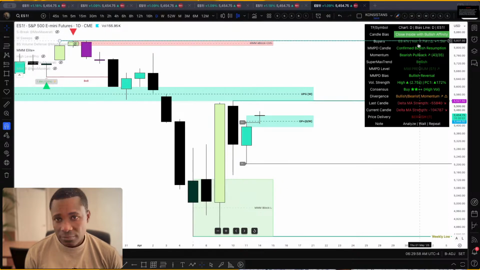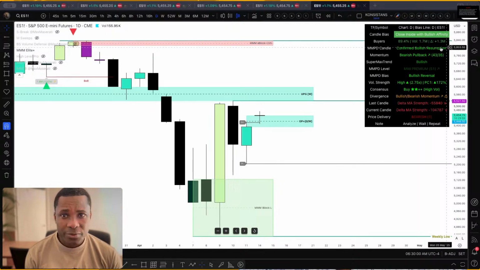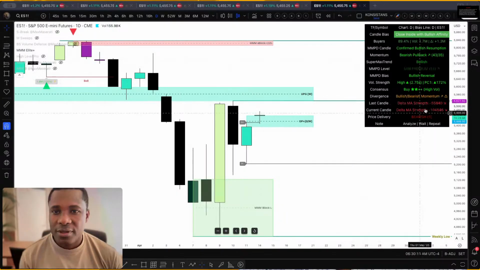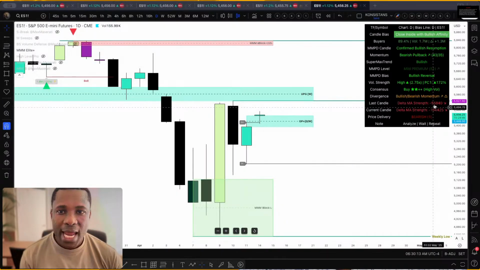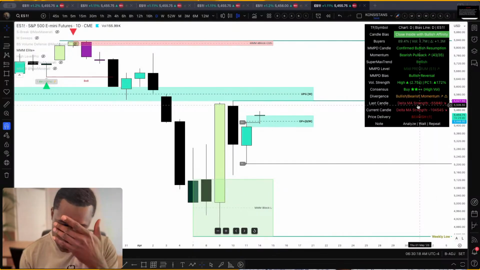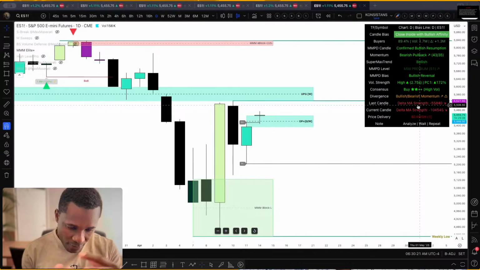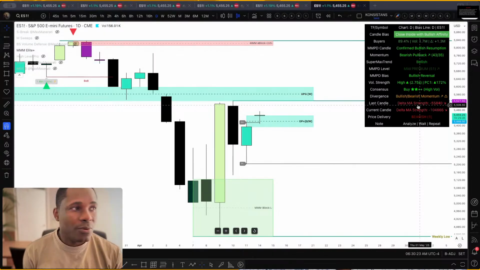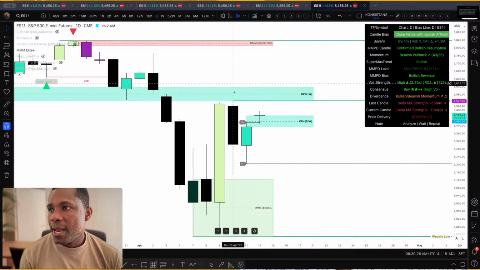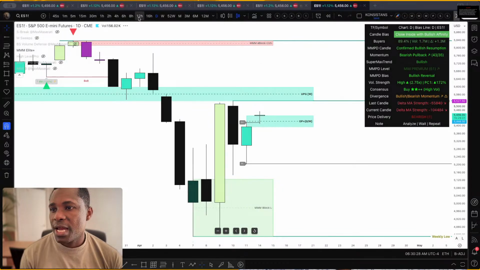So see, everything is green here. Confirm bullish resumption, you have a bullish pullback, pushing on, and so on. Yeah, see, all will be confirmed. However, the delta volume is still not converging with what we're looking for. And since the daily hasn't closed yet, we'll check the last candle to close.